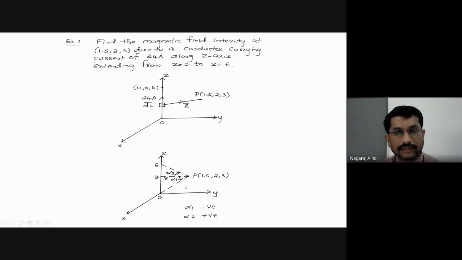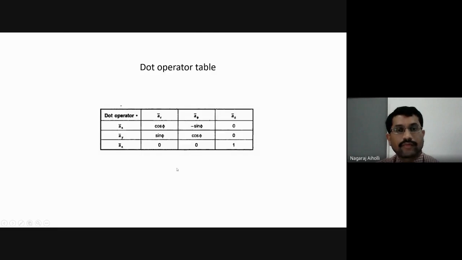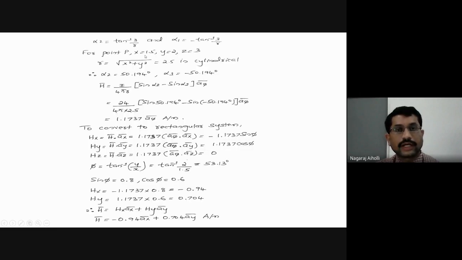Tan alpha 2 is equal to opposite side by adjacent side. The opposite side is 6 minus 3, that is 3, and the adjacent side is r. So tan alpha 2 is 3 divided by r, or alpha 2 is equal to tan inverse of 3 by r.